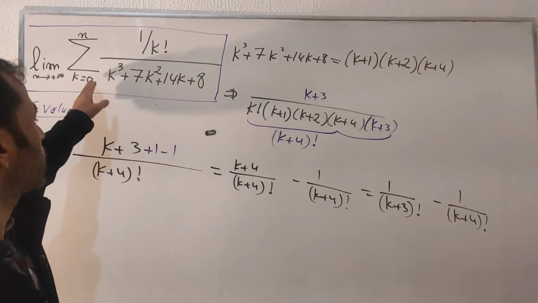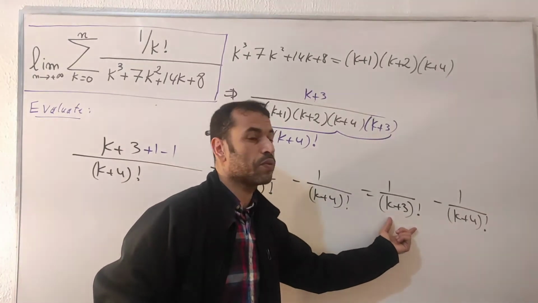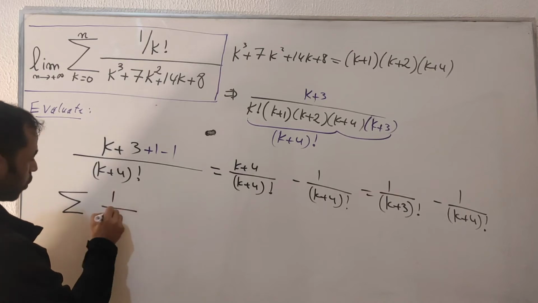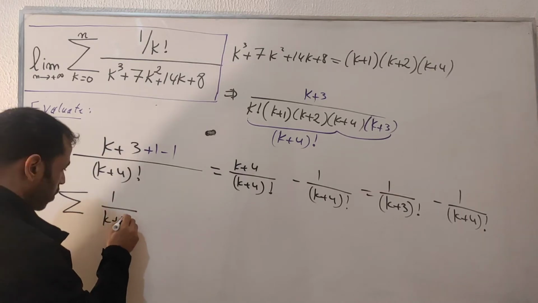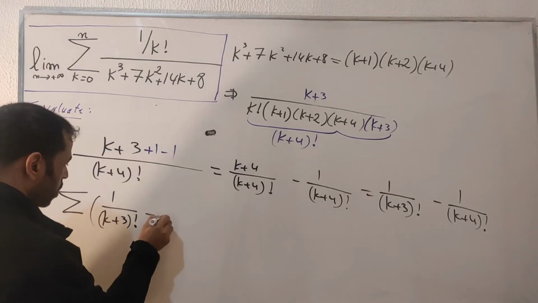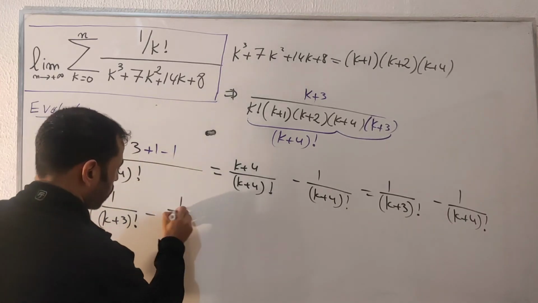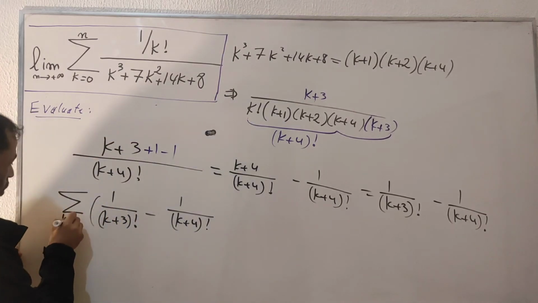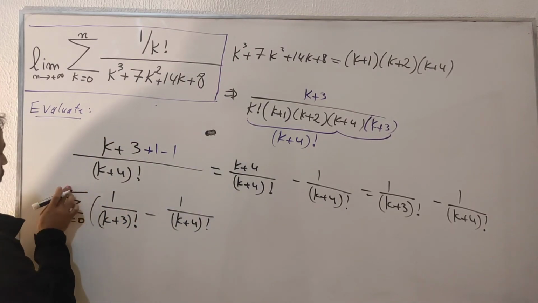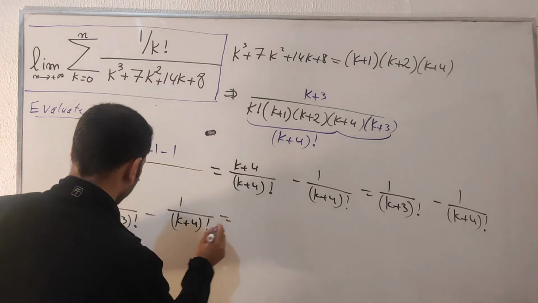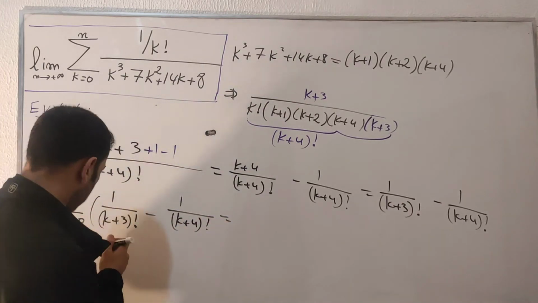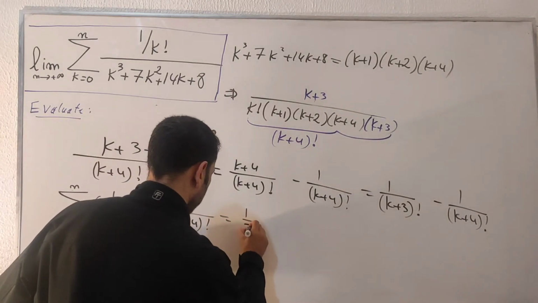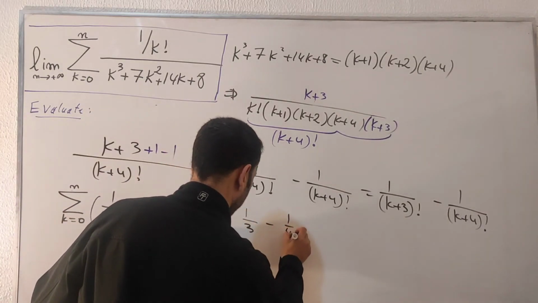If I apply the sum to this, I will have a telescoping expression: the sum of 1 over k plus 3 factorial minus 1 over k plus 4 factorial, where k goes from 0 to n. Let's expand by replacing k with 0 as the first term. I get 1 over 3 factorial minus 1 over 4 factorial.